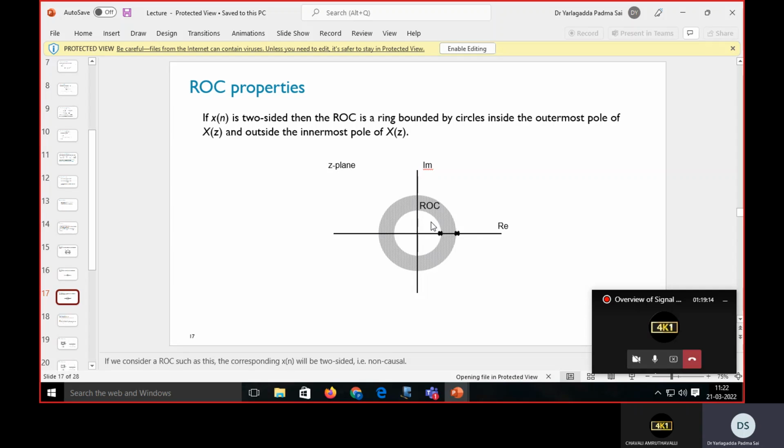That is a very, very important point. When you are adding, subtracting or multiplying two sequences, I am calculating my X of z by adding, I have to check whether there is a common ROC or not. If there is no common ROC, then the Z transform is not possible.